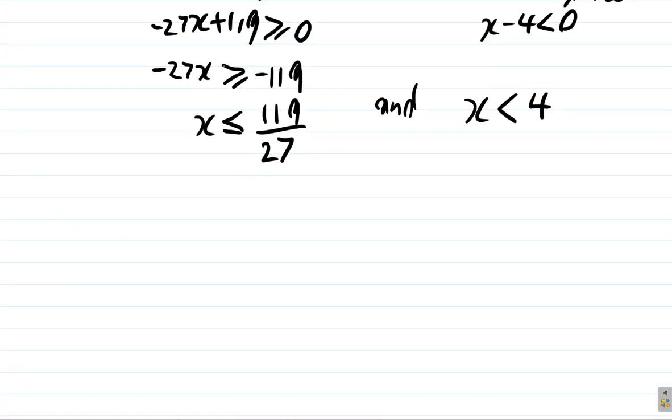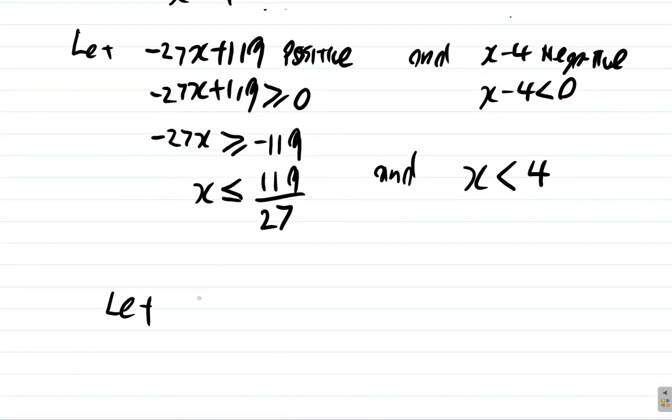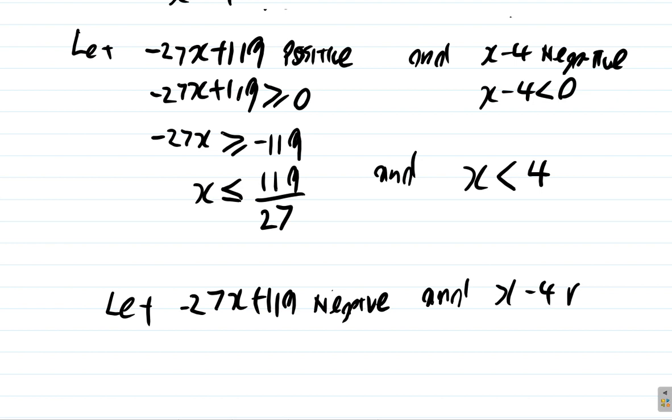Let's look at the other case. Let the negative 27x plus 119 be the negative 1, and the x minus 4 be the positive 1. What would happen? It means that negative 27x plus 119 is less than or equal to 0.